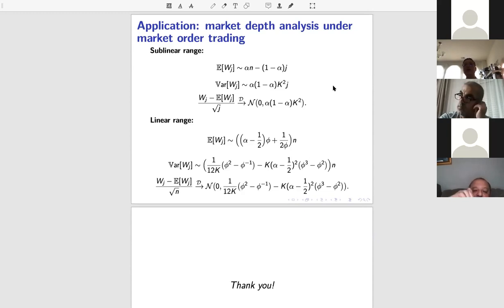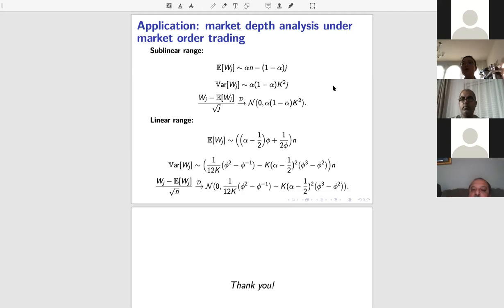And if we look at the variance of W_J, we see that both in the sublinear phase and in the linear phase, the variance is maximized when alpha is a half. I think this is very intuitive in the sense that if the buying strength and the selling strength are approximately equal in the market, then the variance of the market depth is maximized, which means that we are less certain which side of balls, which color of balls will be extinct first.